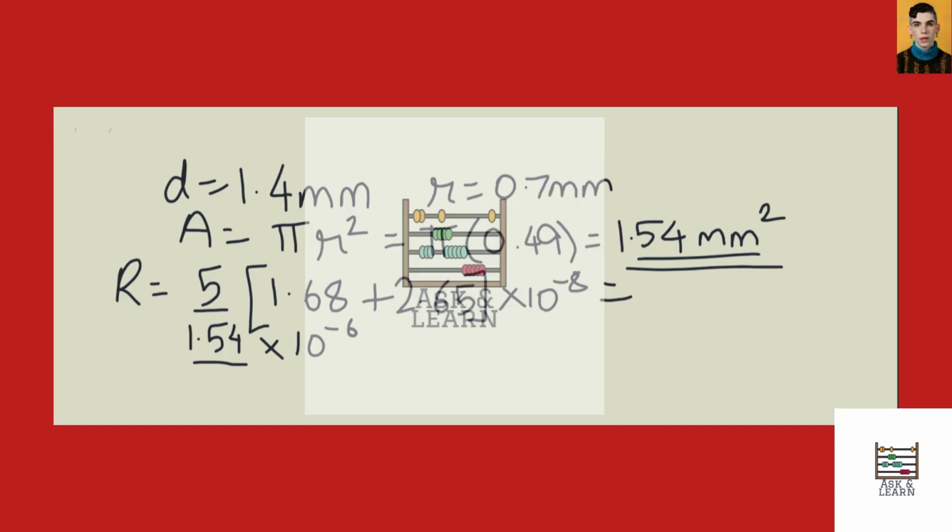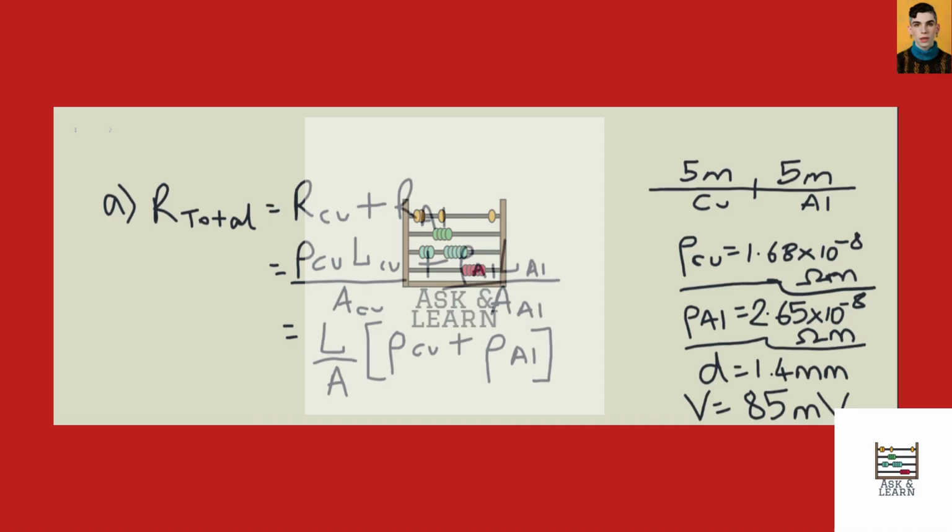If I simplify this, I will get a value of 0.1406 ohms. So that's the total resistance of the wire as a whole.